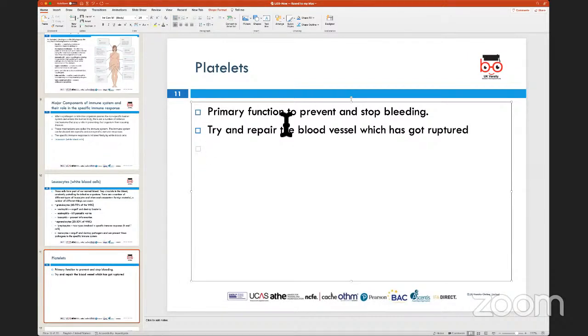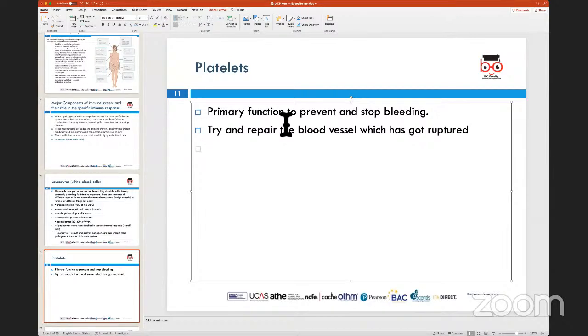nervous system sends a signal to platelets, which are the cells which will travel to the injured part of your body, and they would then try to stop the bleeding by forming some sort of a barrier.